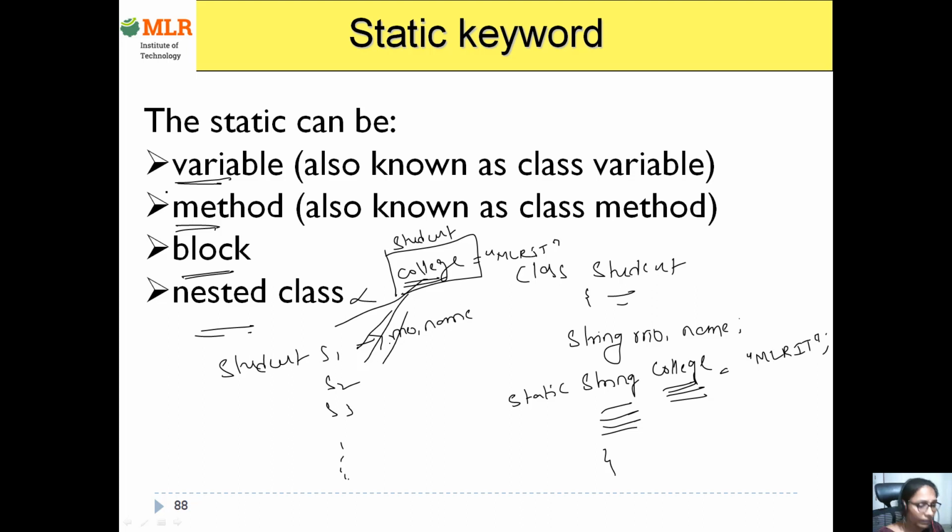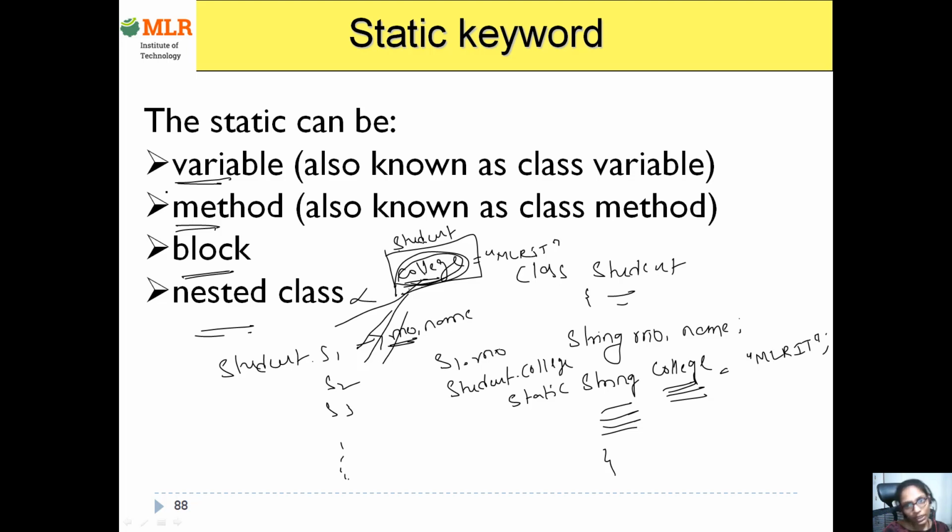Whenever we access a static item, try to use the class name instead of the object name. Why? Because this data is available within the class, not within the object. For example, to access the roll number of S1, we write S1.rollNumber. But to access the college name, I need to write Student.college.